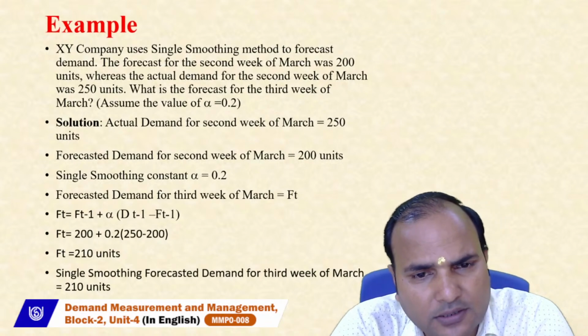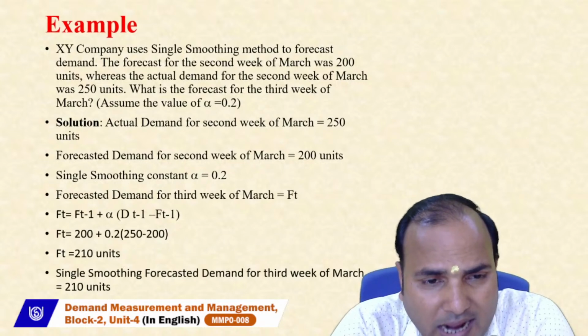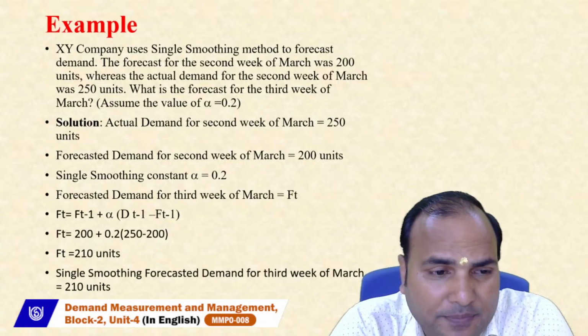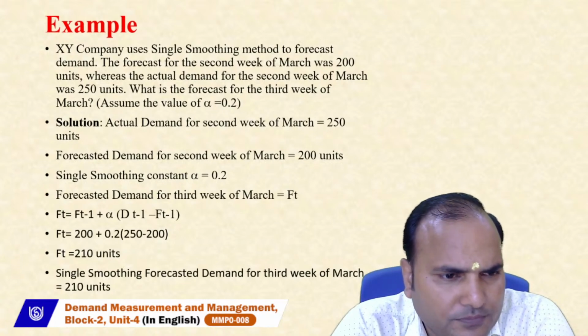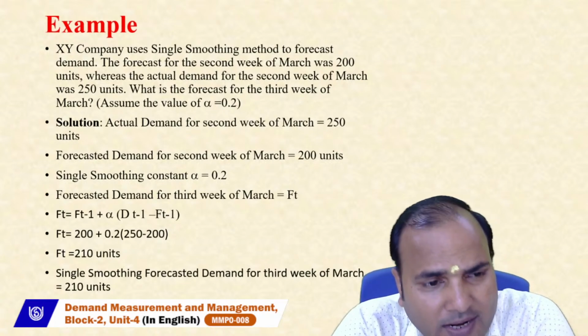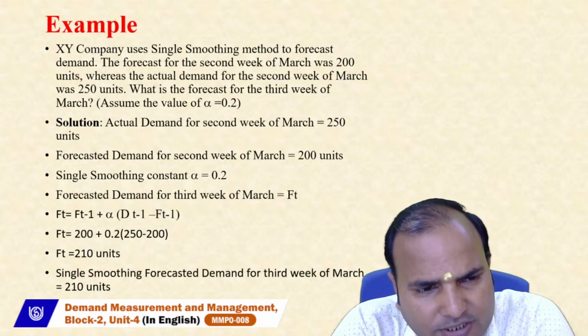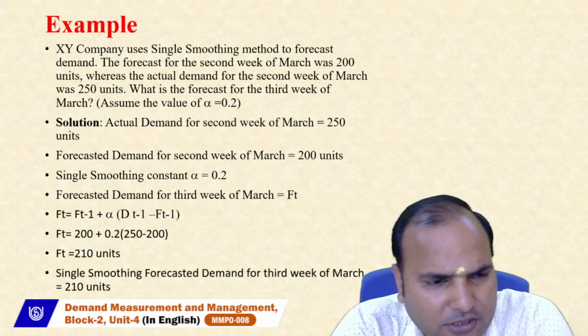Suppose the symbol of the forecasted demand for the third week of March is FT. So FT is equal to FT minus 1 plus alpha into (demand T minus 1 minus FT minus 1).